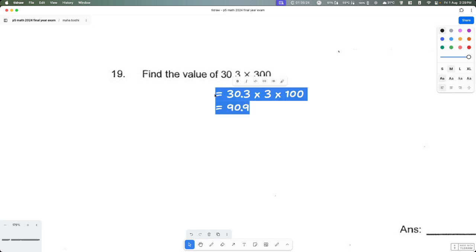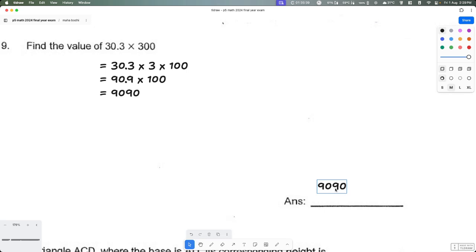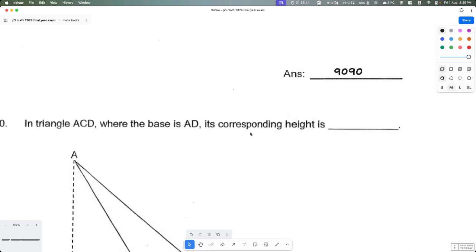Okay, so you can just multiply like this and then times 100, and then basically your decimal point will go two spaces because times 100, so this will be 9090. So that's your answer, 9090. All right, let's move on to the next question.